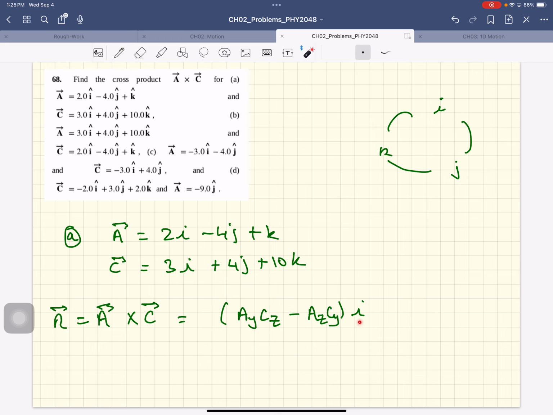The X component of the vector does not have X components of the other two vectors. Plus the Y component. For the Y component, it's AZ, the first vector Z component, the second vector X component.